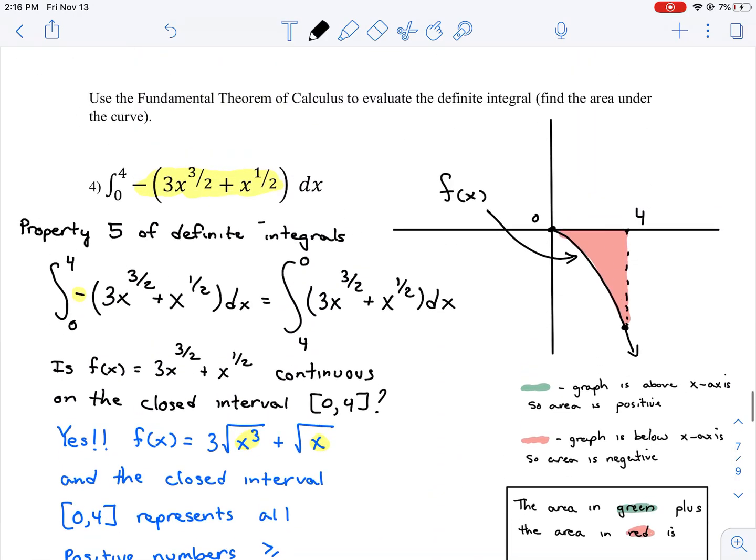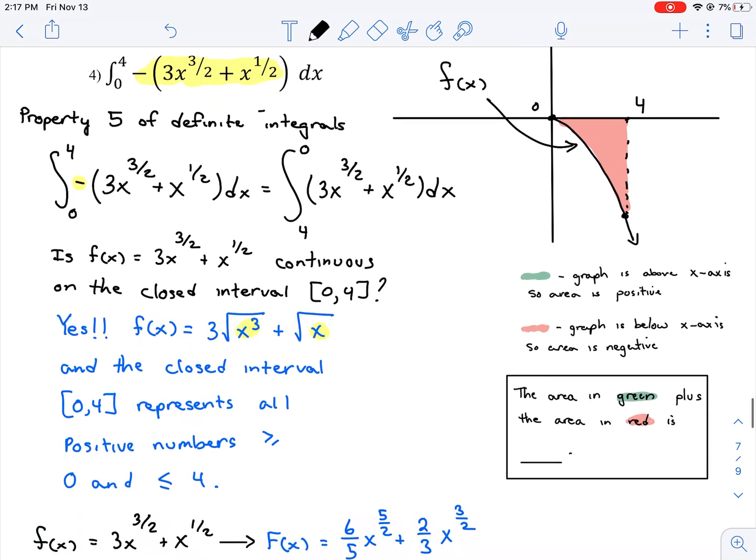All right, well, I've sketched the graph of f of x, and notice that the graph is completely below the x-axis, which means all the area that I've shaded in red has a negative value. Notice that at no point the graph goes above the x-axis. So there is no point in this graph where the area is going to be positive.